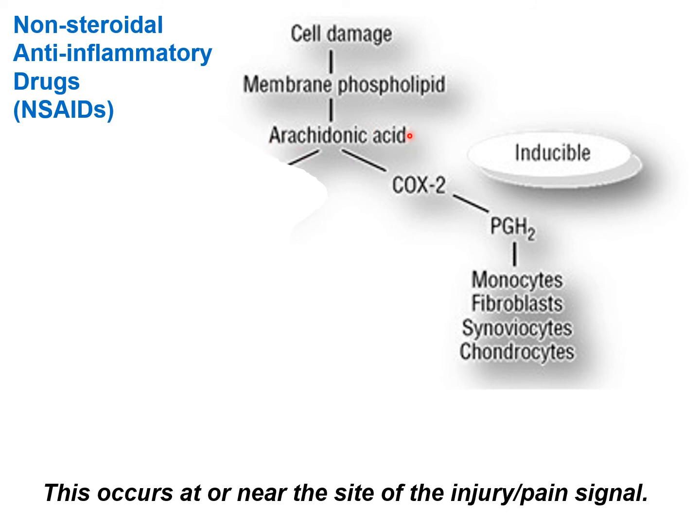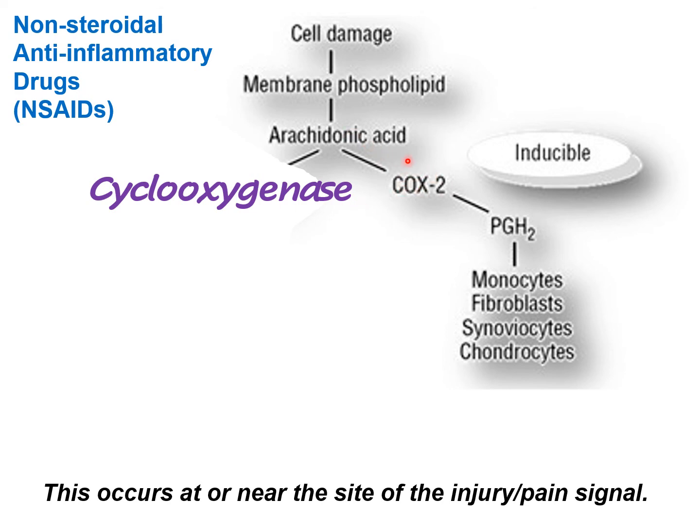When arachidonic acid is made, there's another enzyme called cyclooxygenase. It's the cyclooxygenase isoform number 2. There are actually 3 different COX enzymes, and this is COX-2. You might hear that phrase.